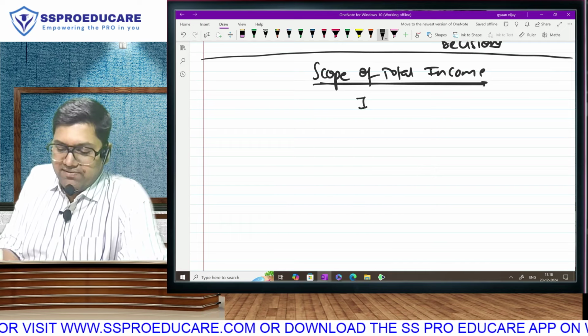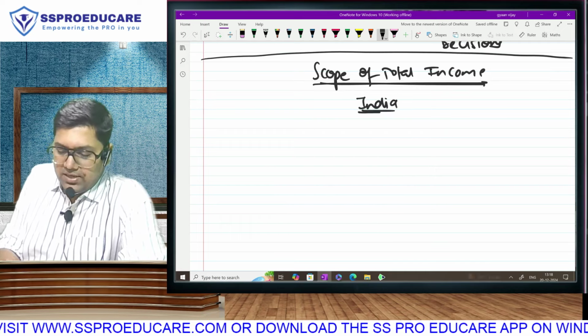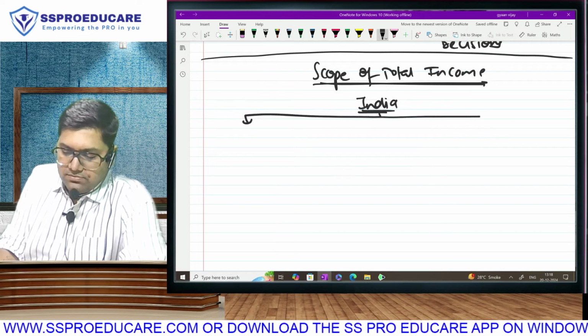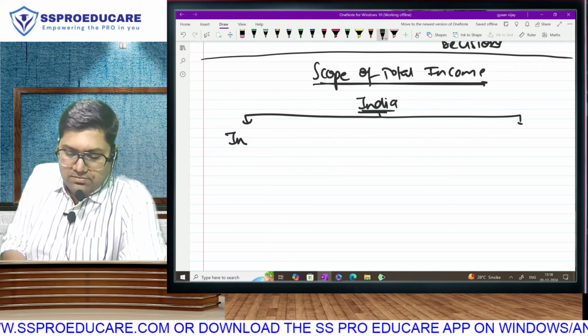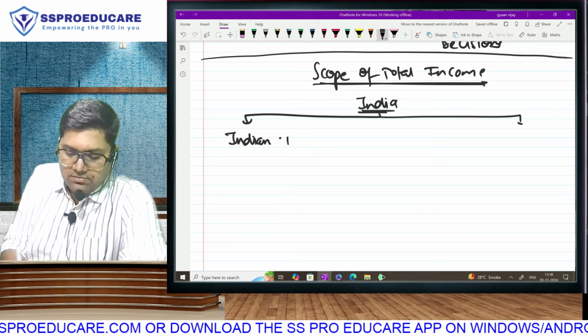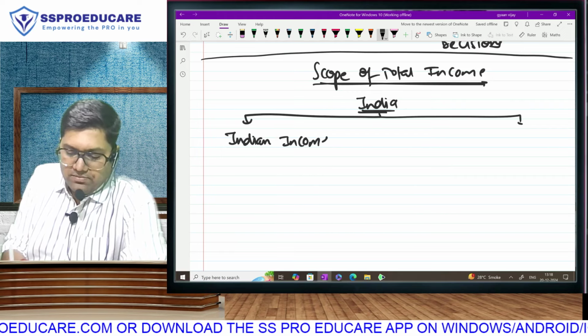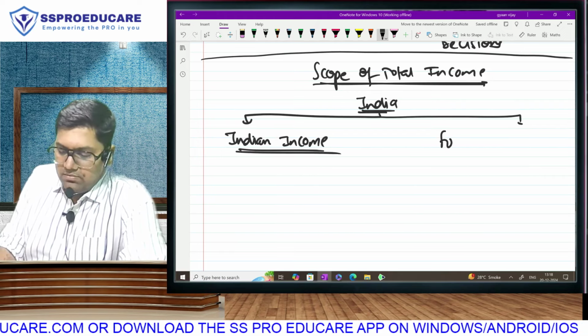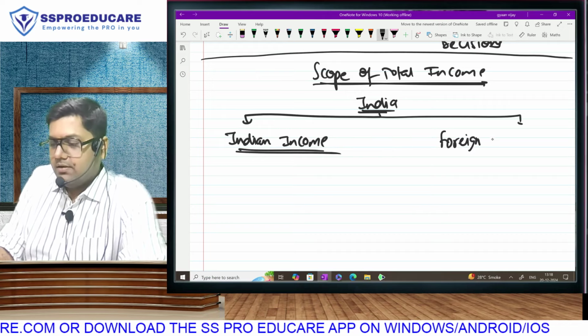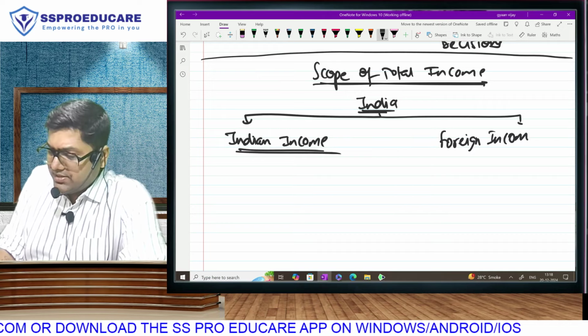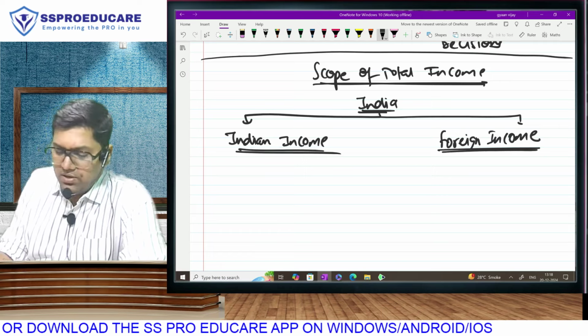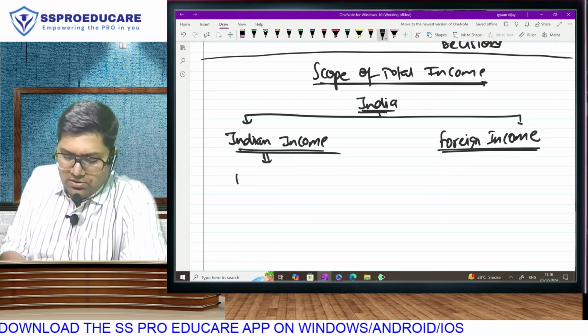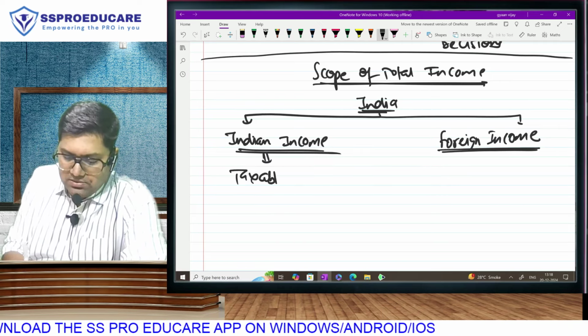Income is going to be divided into two types: Indian income and foreign income. Correct? By the way, we have already studied, and this is going to work as a recap for you. Indian income is going to be taxable for all assessees.